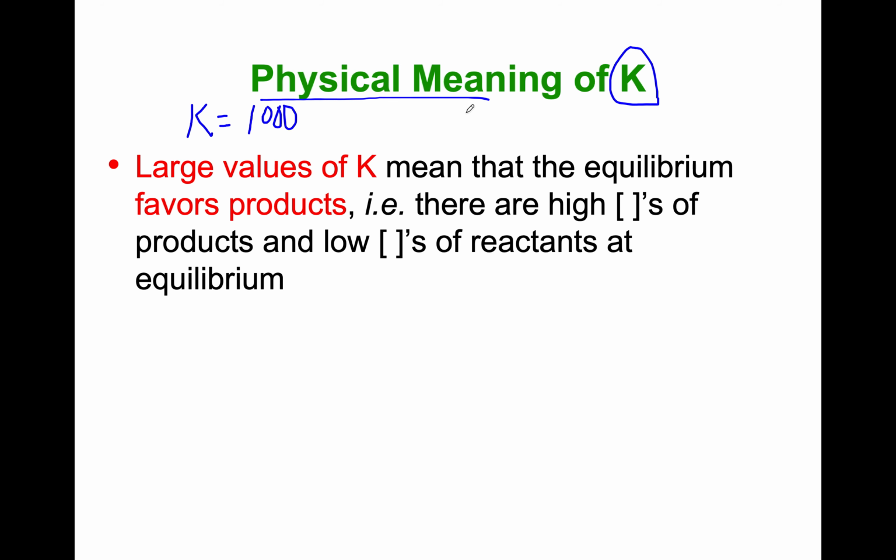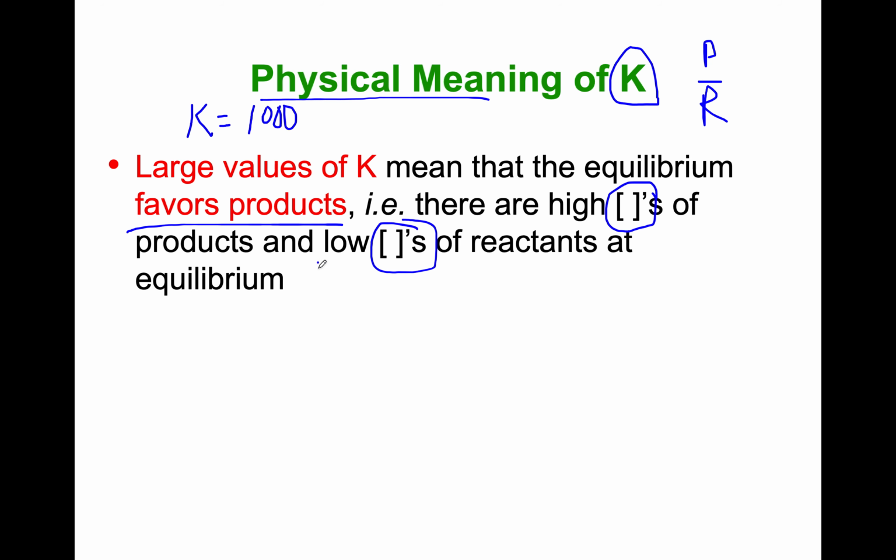Our K is products over reactants. So if it's 1,000, that means we have a lot of products. So that means the equilibrium favors the products. So there are high concentrations of products, so that's high molarity, and low molarity of reactants.